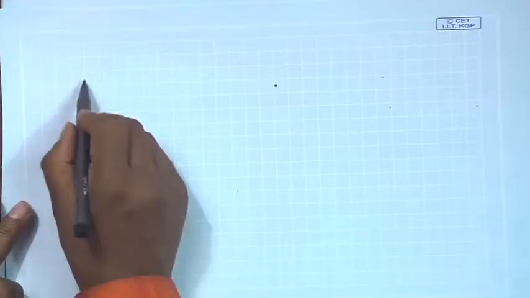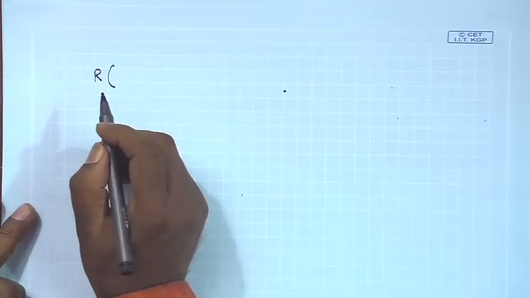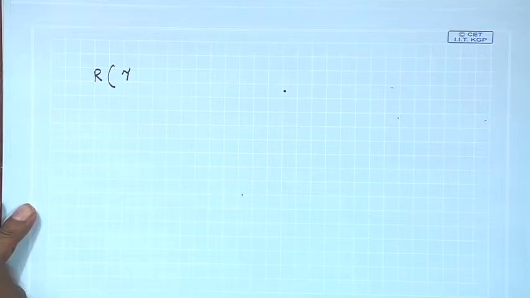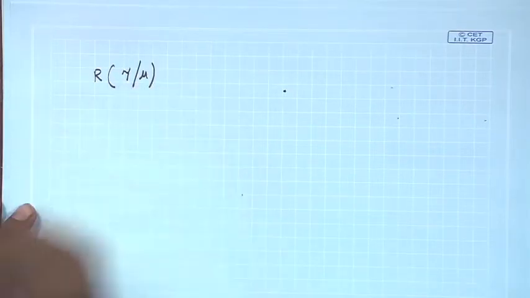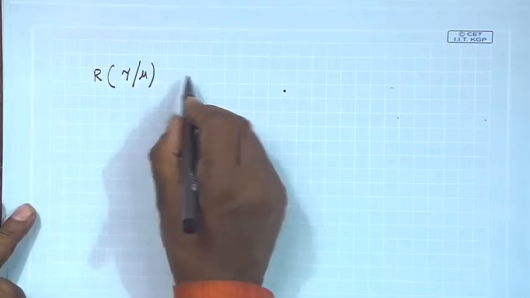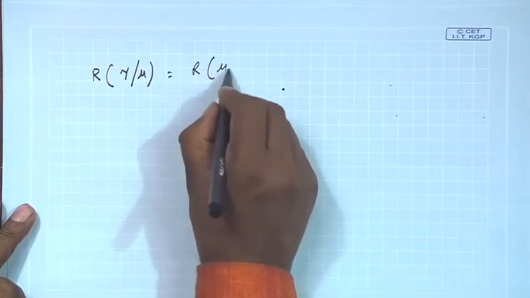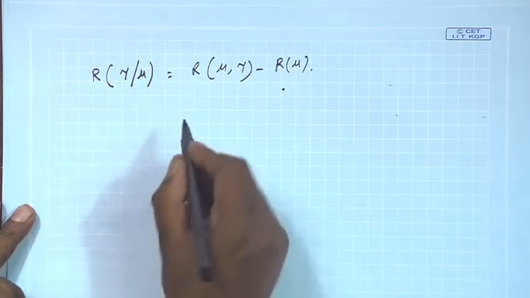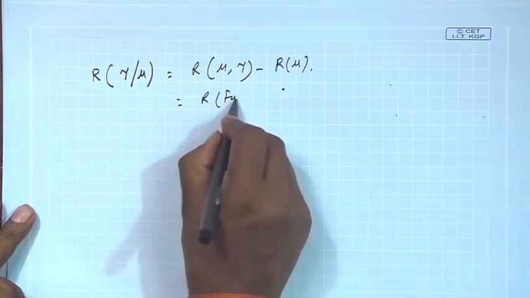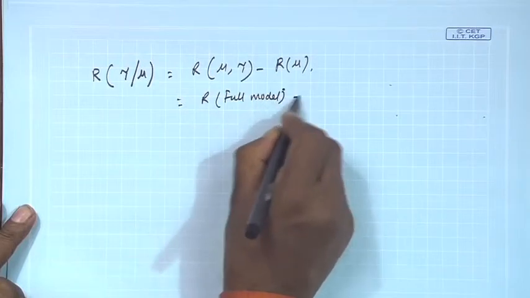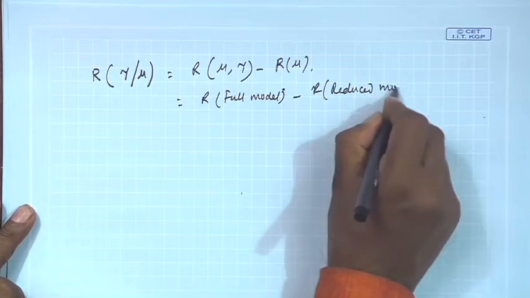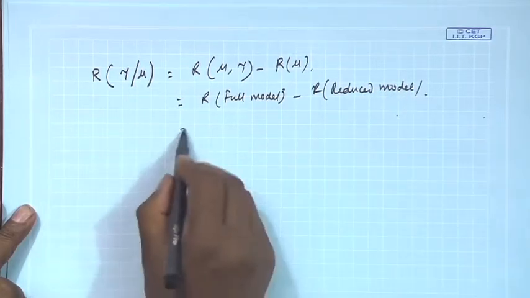As a result, if I want to know the R value of the factor, given mu, this is nothing but R of mu, tau minus R of mu. That means R of the full model minus R of the reduced model.